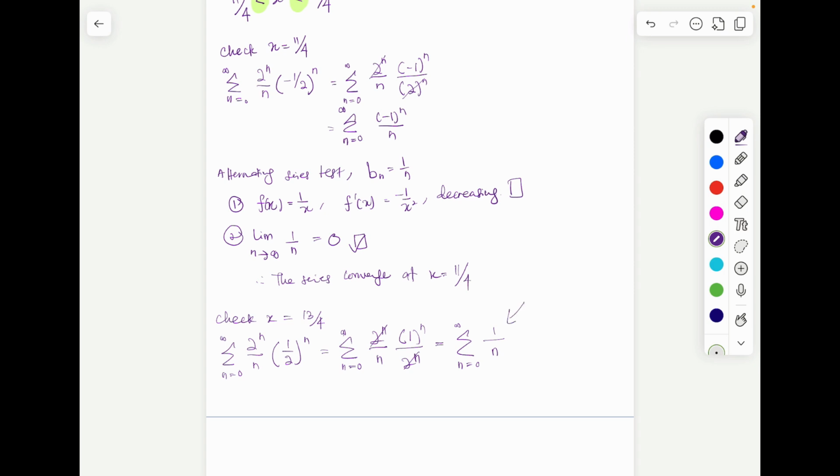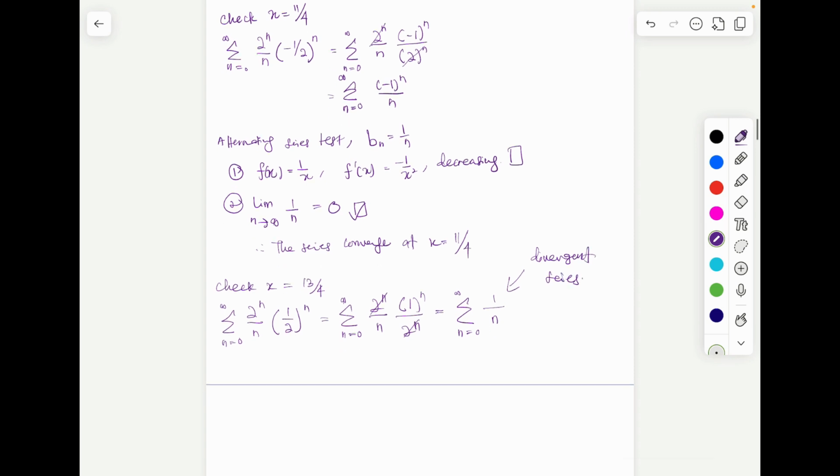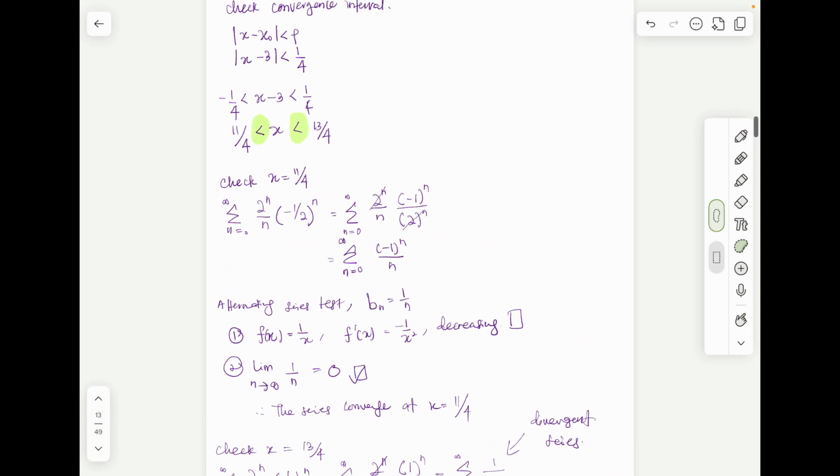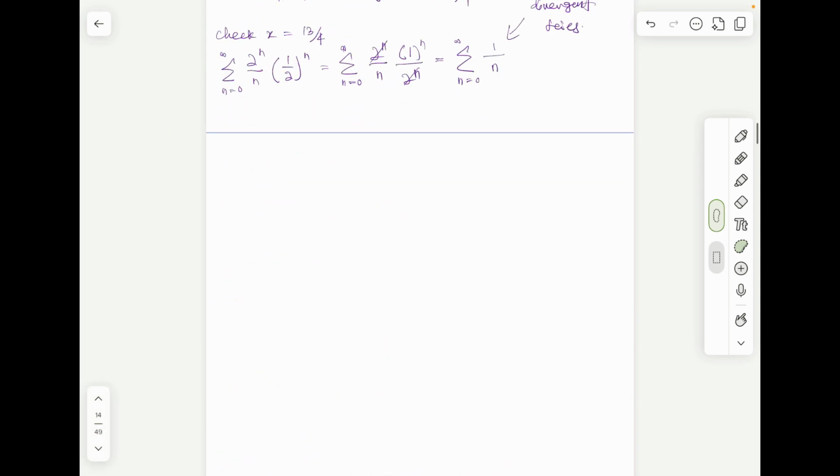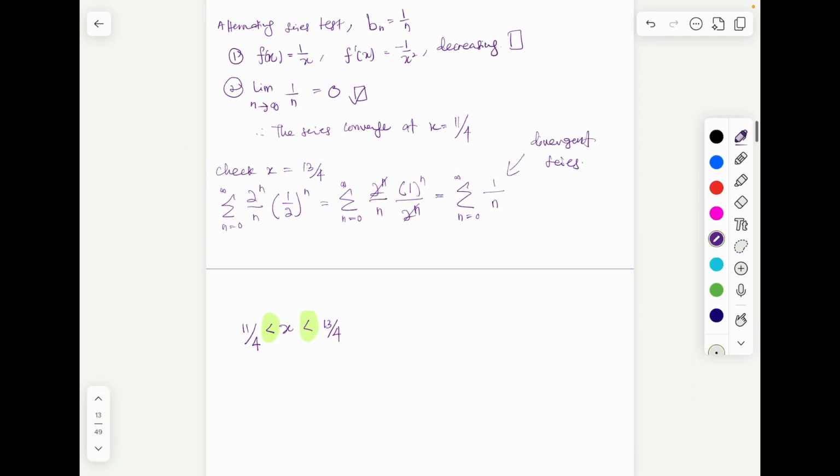Looking at this series, as in chapter 2, you know that this kind of series is always used for comparing divergence. This is a divergent series. Therefore, since for 11/4 it converged, that means we have the equal sign at this part.